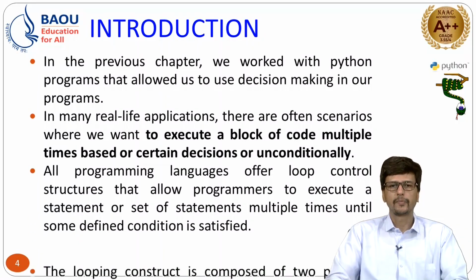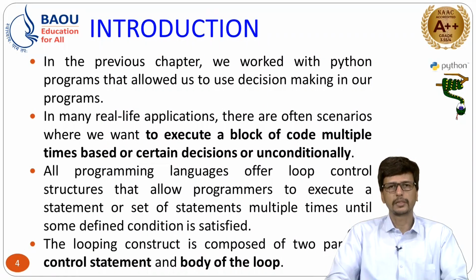Basically all programming languages support this concept, and the loop construct is composed of two parts. One is the control statement and another is the body of the loop. Now what is the control statement? That is nothing but the test expression, or the condition. After checking the condition, whatever the body of the loop is, that can be executed.